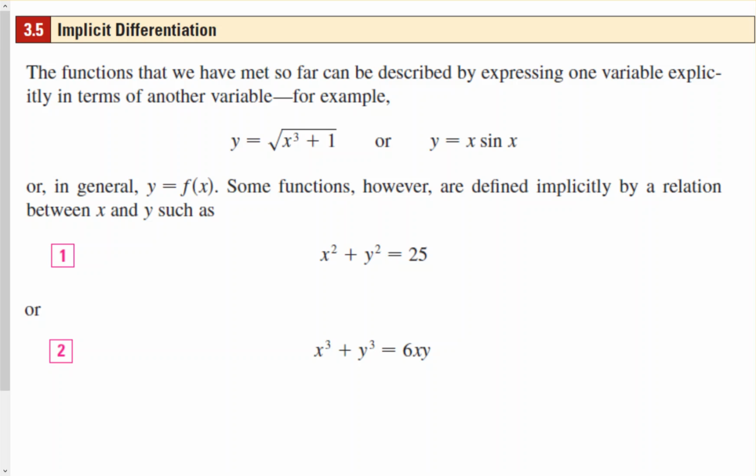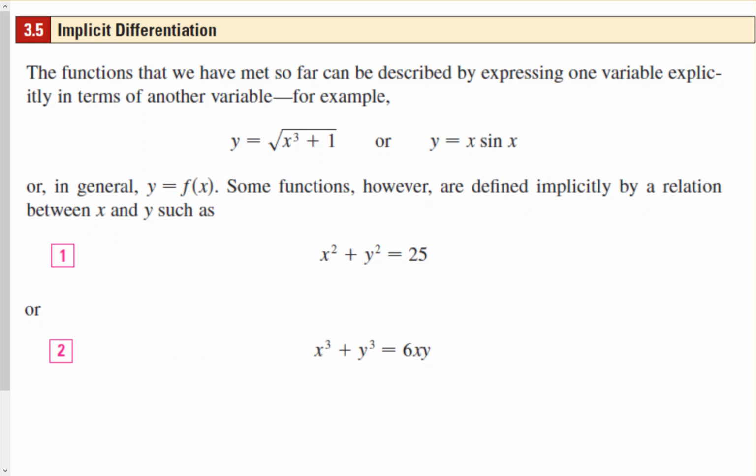Like for example, when we have x's and y's mixed together in the same function, such as x squared plus y squared equals 25, or another example could be x cubed plus y cubed equals 6xy.